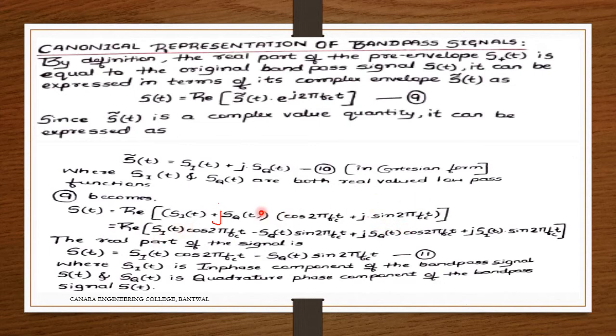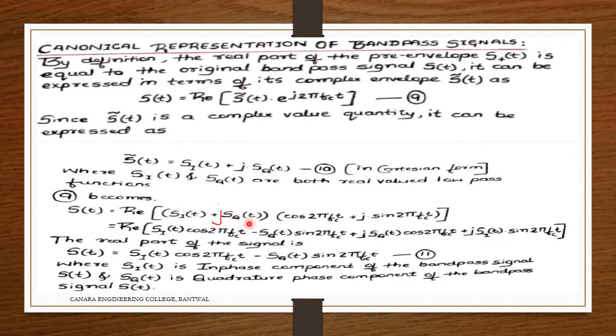So j and j multiply to give the square root of minus 1 whole squared, which becomes minus 1, so it becomes Sq of t into sin 2 pi fct with a minus sign. Then Si of t cos 2 pi fct, and we don't have any j term there.